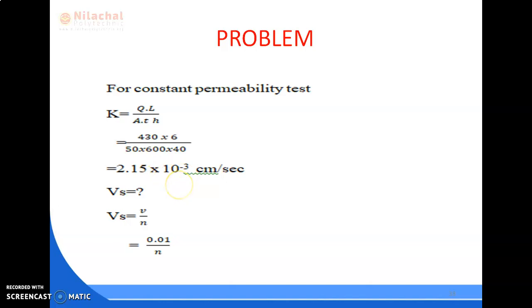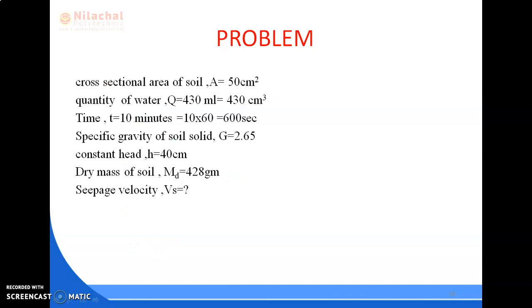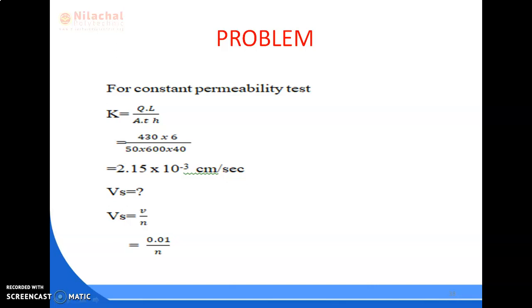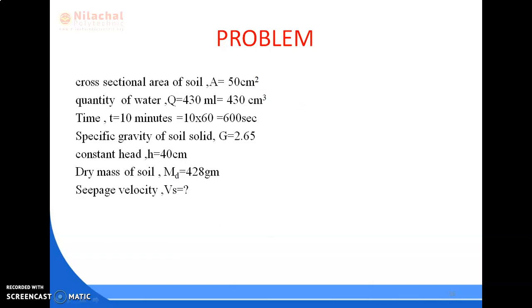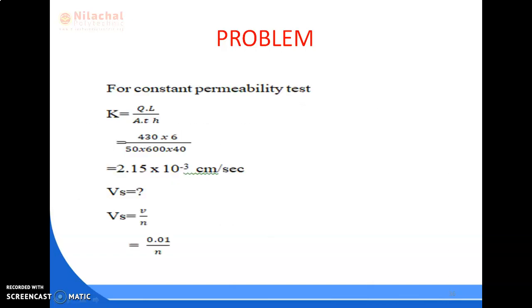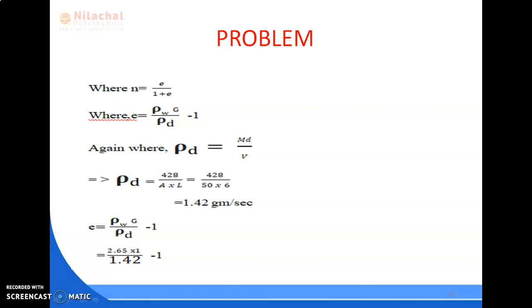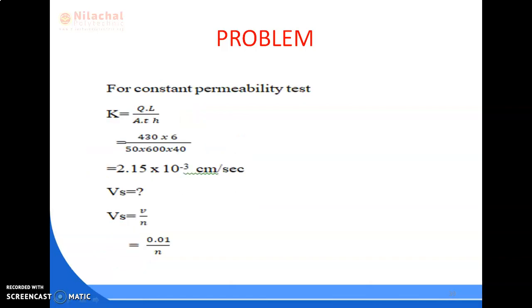Next is Vs equal to question mark. Again we know the relation: seepage velocity Vs equal to V by n. Here V we put as 0.01, divided by n, where n is unknown.